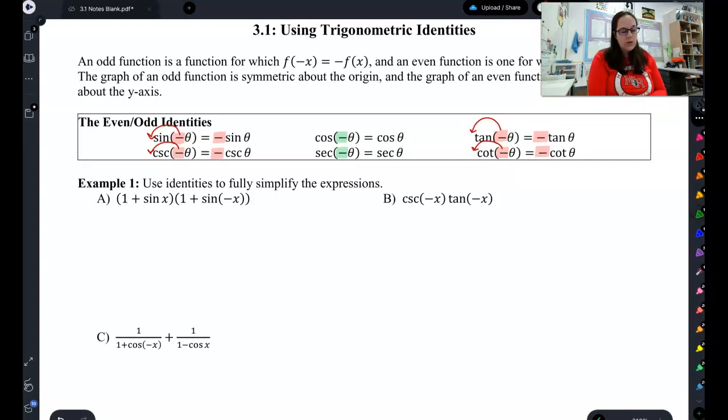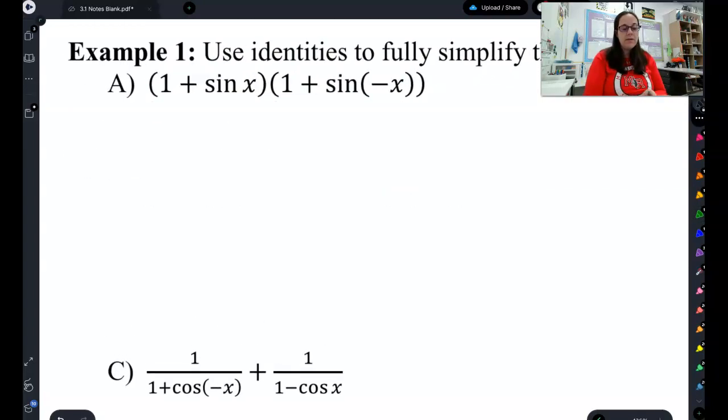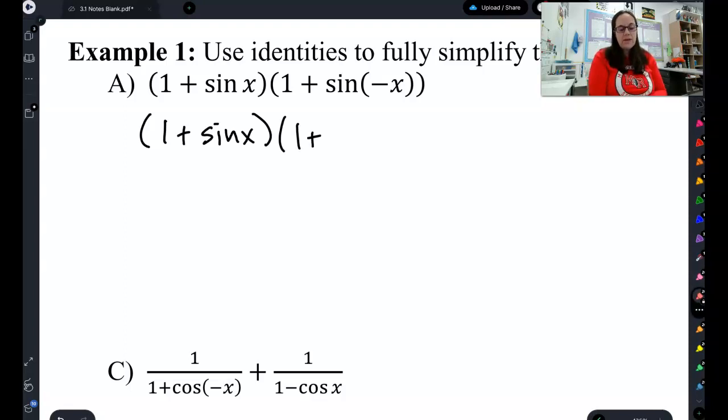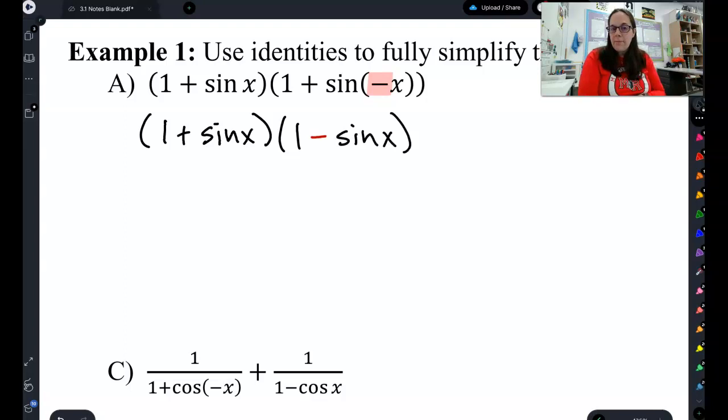Now we're going to use those to simplify some problems. So let's start with this one first. First thing I see is that in this second set of parentheses, I have sine of negative x. Now remember, for sine, we can take that negative outside and make it like that. Now, this is difference of squares.